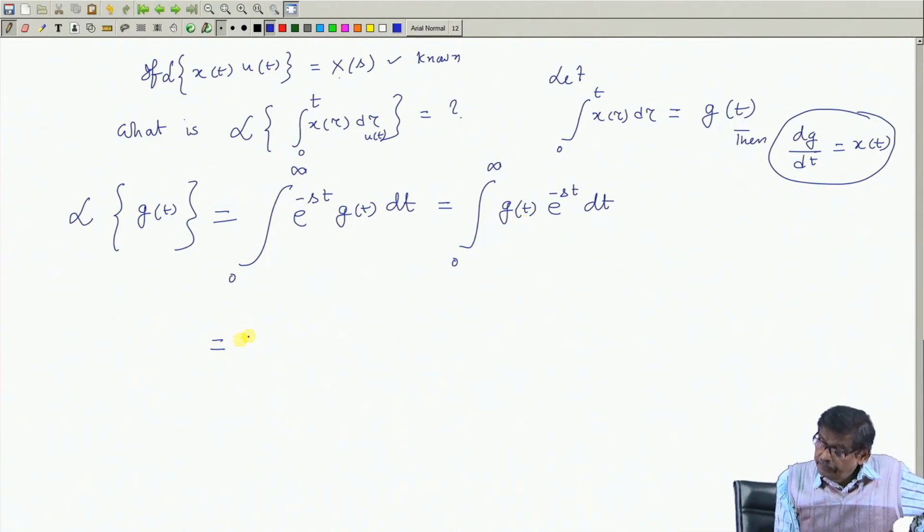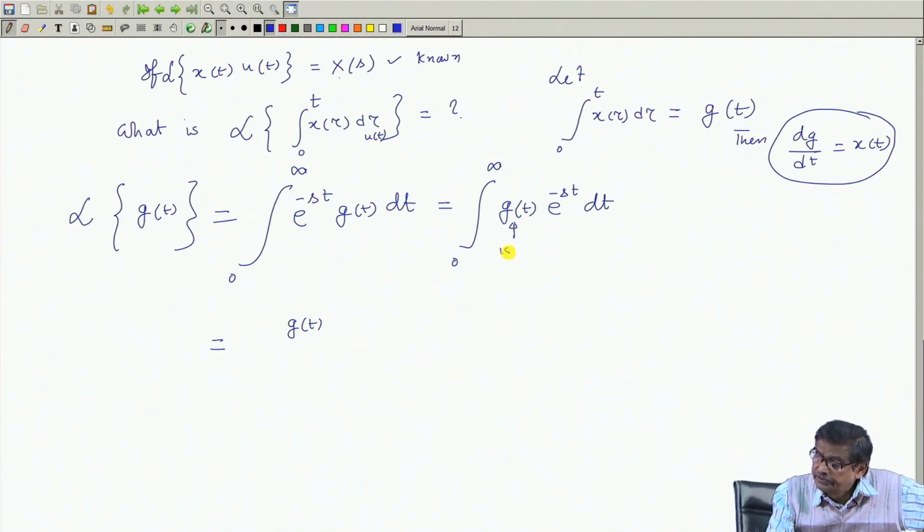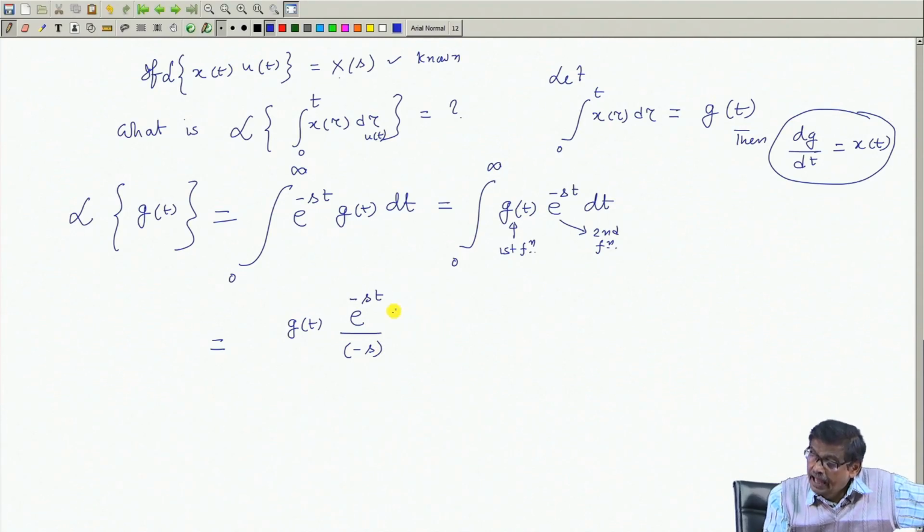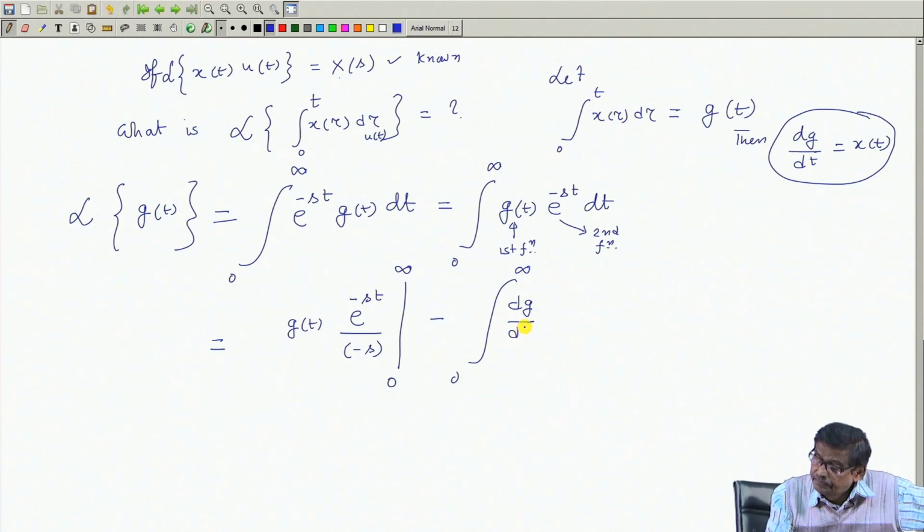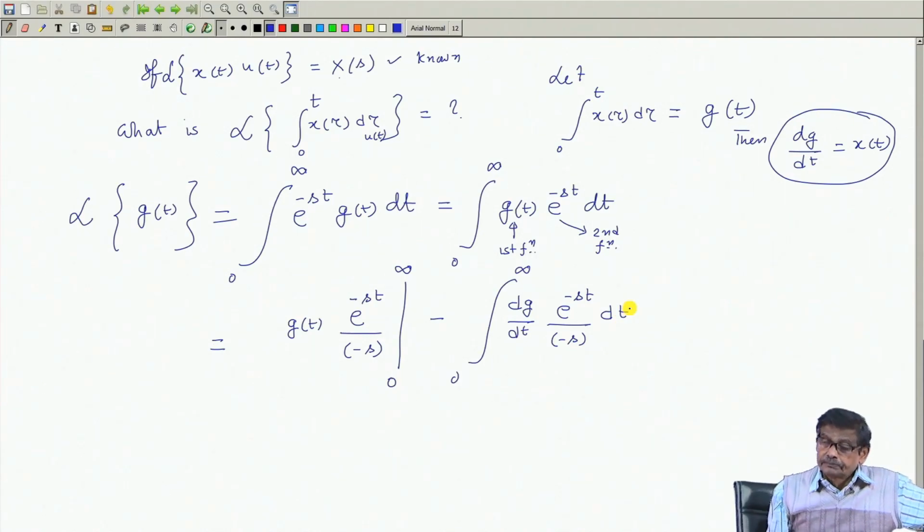So this will be equal to the first function into the integration of the second, that is e to the power minus st by minus s, evaluated at t equal to 0 and infinity, taking that difference, minus the integration from 0 to infinity of the differentiation of the first function, dg/dt, into once again the integration of the second, into dt. Got the point?